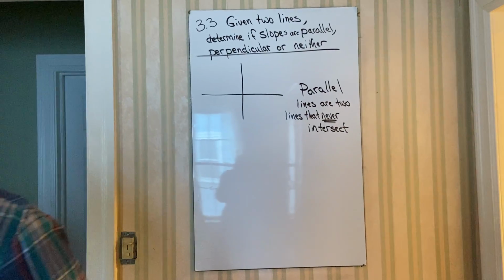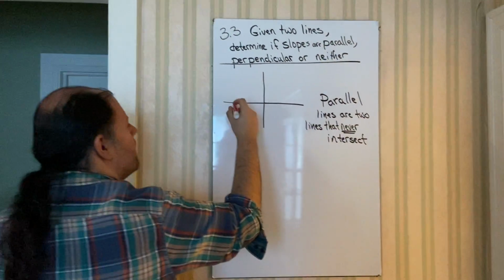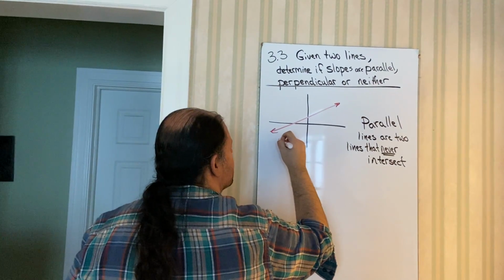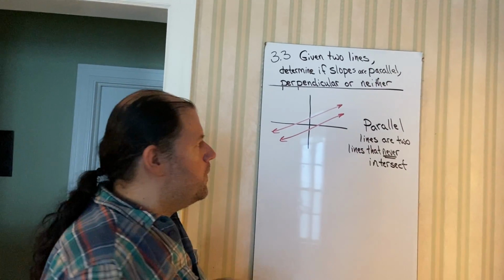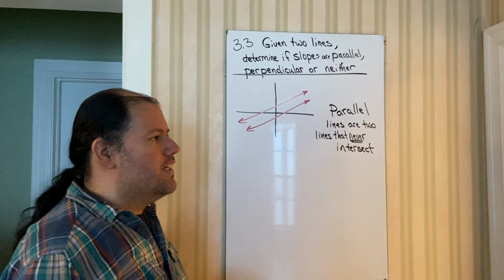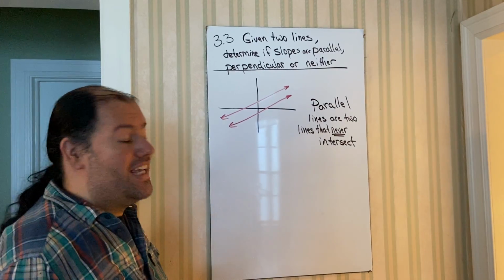So if you had a visual, you would have a slope that would look like this and like this. See how they're both positive? Okay? So anytime that you have two lines that are parallel, they have to have the same slope.